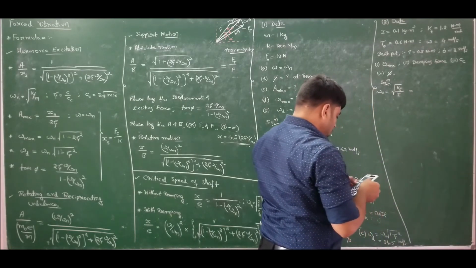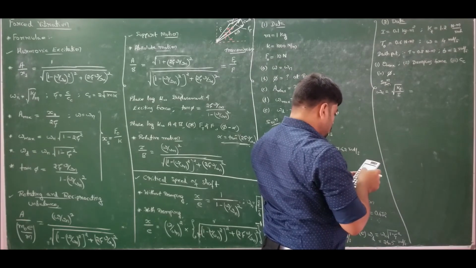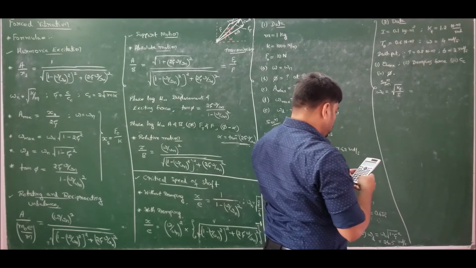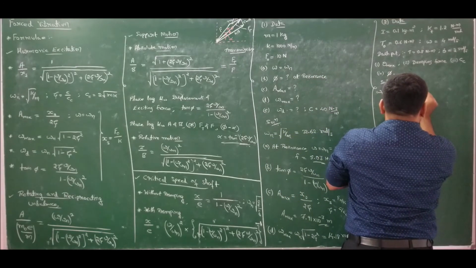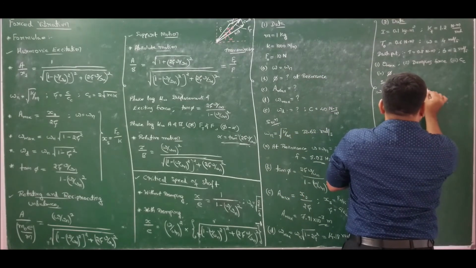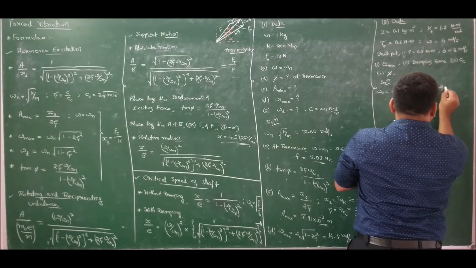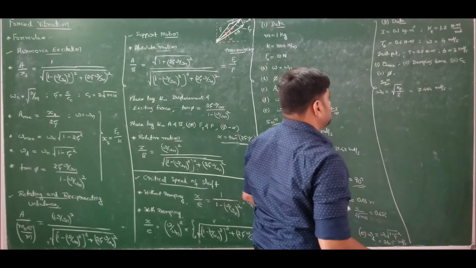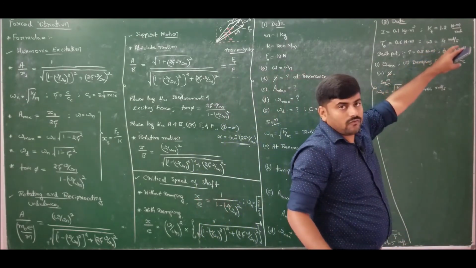Hence I'll get the natural frequency as root of 1.2 divided by 0.1, which is 3.464 radians per second, whereas the excitation frequency is 4 radians per second.